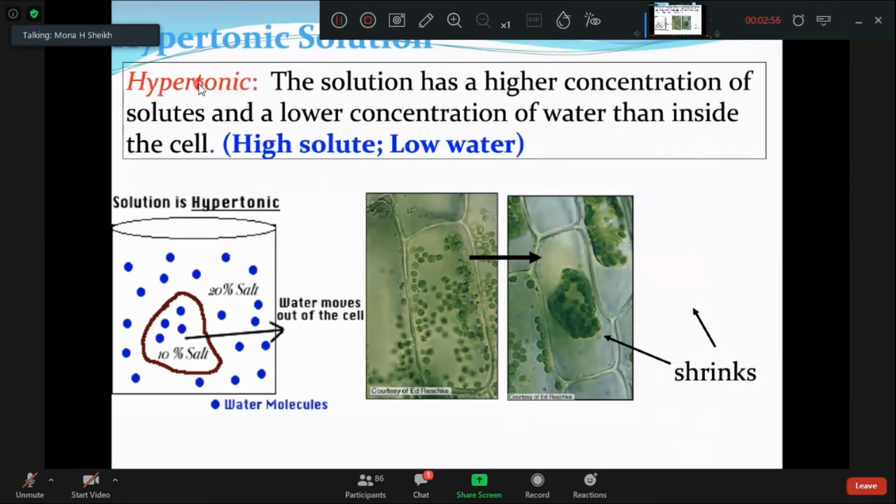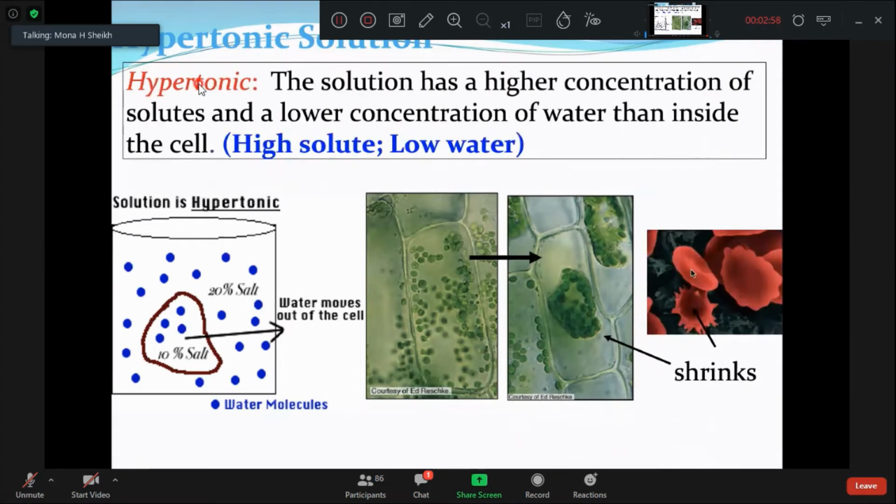I have a better slide. Yes, this is what happened to the red blood cell. You know what happened here? We injected a hypertonic solution or hyperosmolar solution by intravenous fluids. And now what happened?